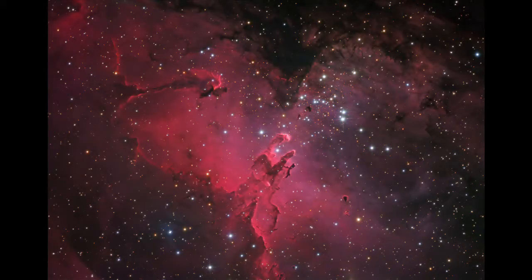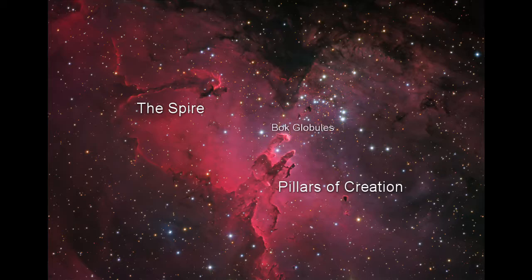This nebula consists of other similar star-forming regions, so it's not just the Pillars of Creation, but the nebula contains a whole load of other stuff. So we can see it here. We have the Spire, we have several Bok Globules in some places, which I'll be talking about later in this video. And there's even an open cluster of very young stars located right next to the Pillars of Creation.